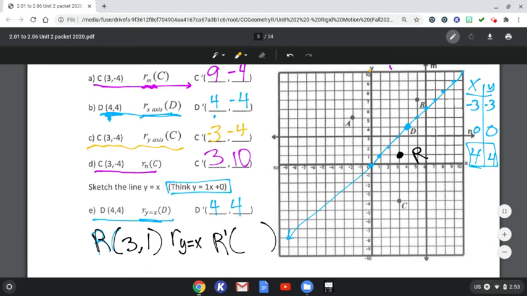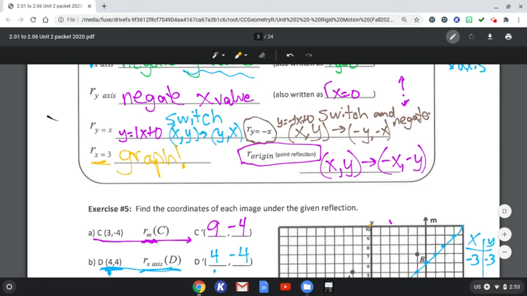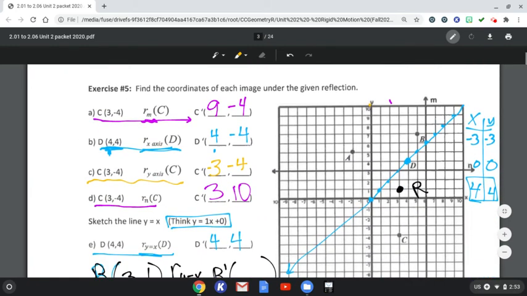So point R over the line y equals x, this is where I want us using our rule. If I go up here and look at the rule for reflecting over y equals x, it says to switch your ordered pair. If you have x is 3 and y is 1, well, I'm going to switch their order. y becomes 1 and x becomes 3.